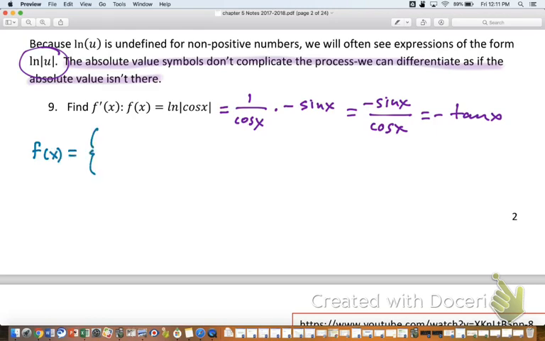So I would say that f of x equals natural log of cosine of x if cosine of x is positive. Right? So if cosine of x is a positive number, the absolute values are going to make no difference at all. Or f of x could equal natural log of negative cosine of x if what is true?